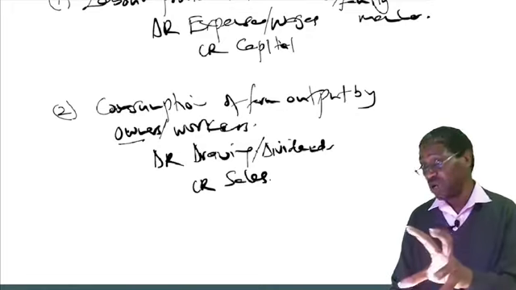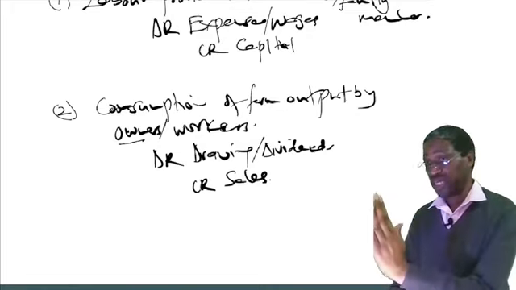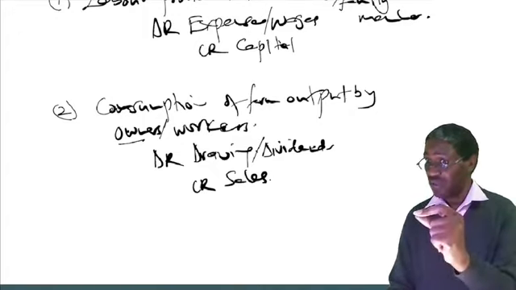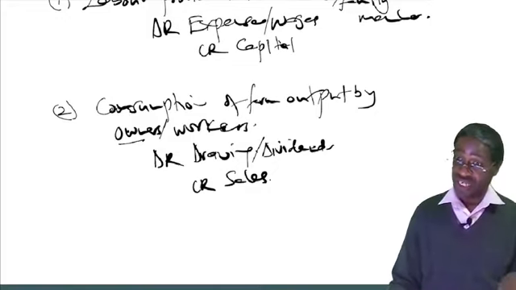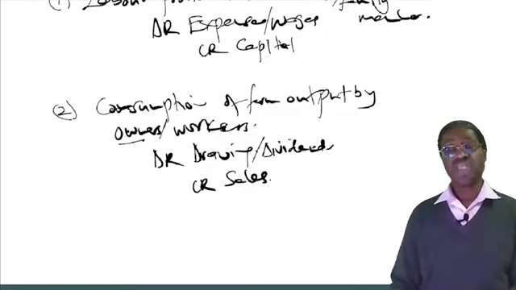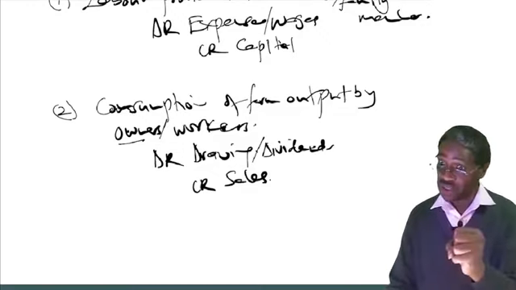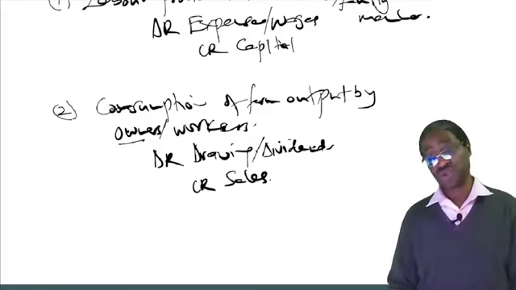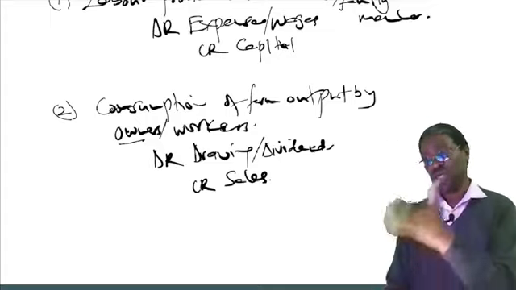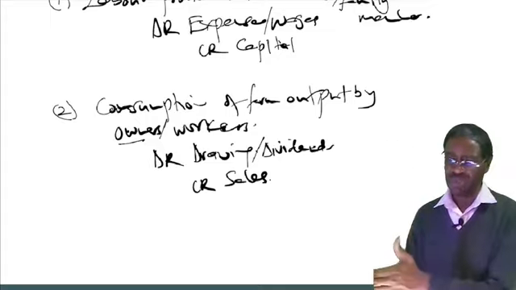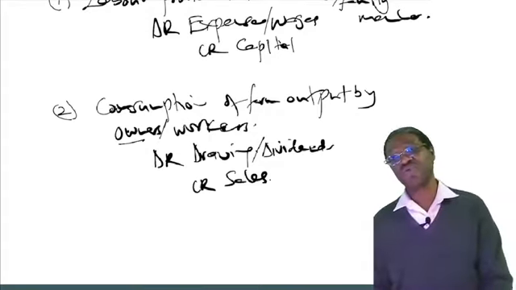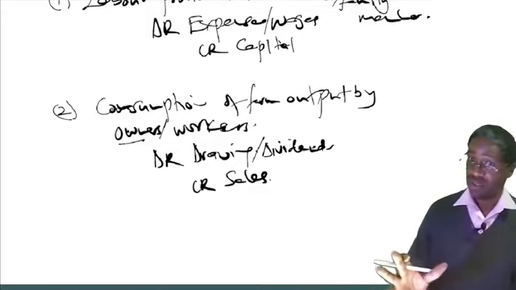If it's milk, take it as a sale of livestock. If they take crop for personal use, take it as a sale of the crop. If he took fish or chicken for personal use, take it as revenue from that specific source. Wherever the source is, that which they took for drawings becomes revenue to them. It's like a sale. Okay?